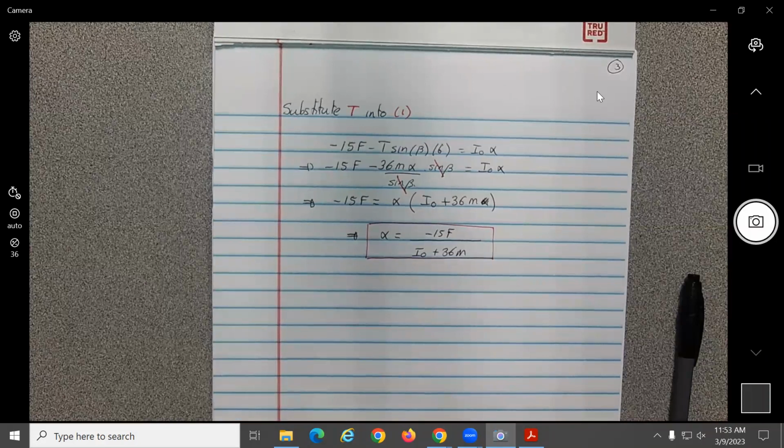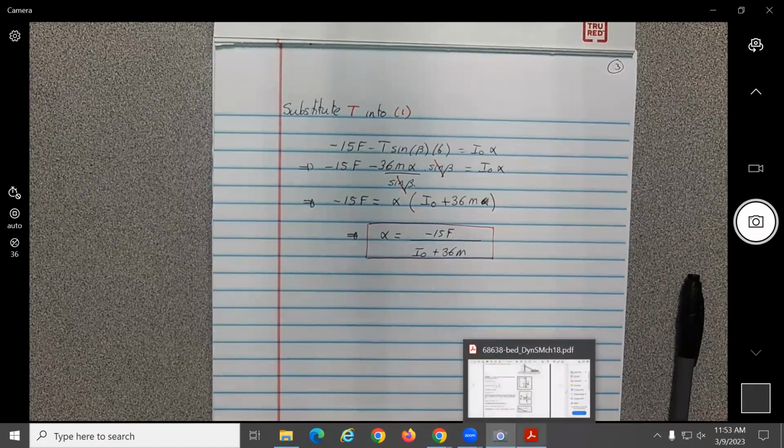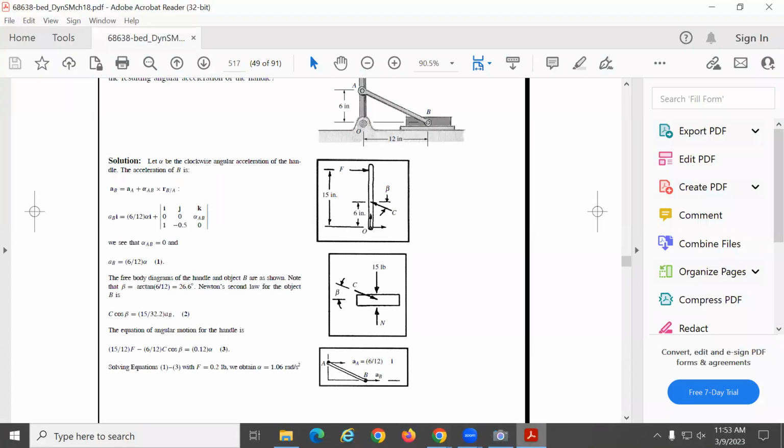M is mass, but they give you this in slugs. If you do this as they are over here now, just do minus 15 times 0.2 divided by whatever is the I, 0.12 plus 28 without transforming the units. Oh, you have to transform the units, no? If you deal with this data, it looks like you should get 1.06.